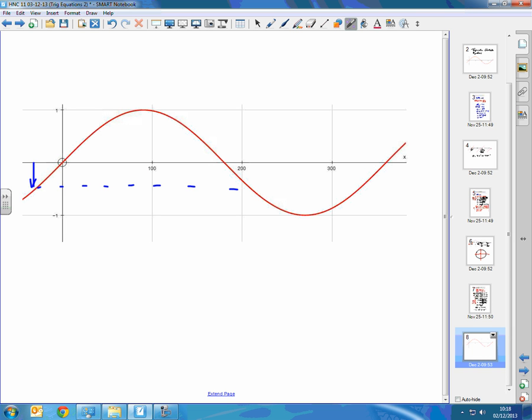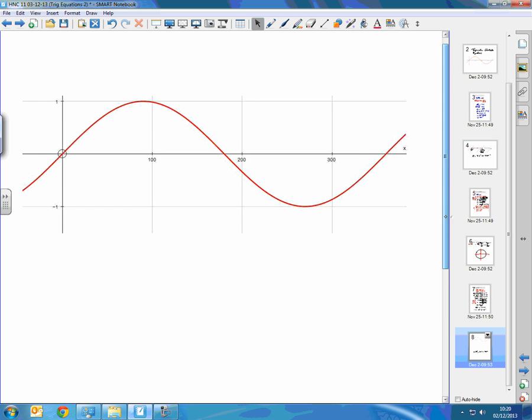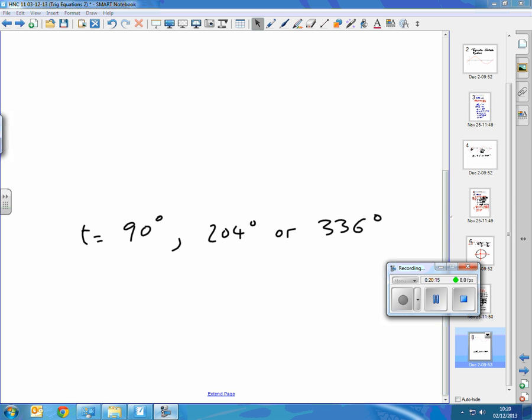So again, we're after that value and that value. So I'll leave you to finish that one off, and hopefully you'll come up with the following solutions. So t equals 90 degrees, 204 degrees, or 336 degrees.